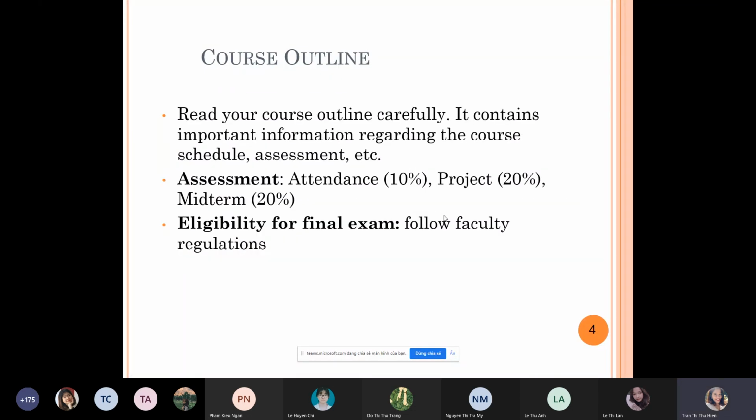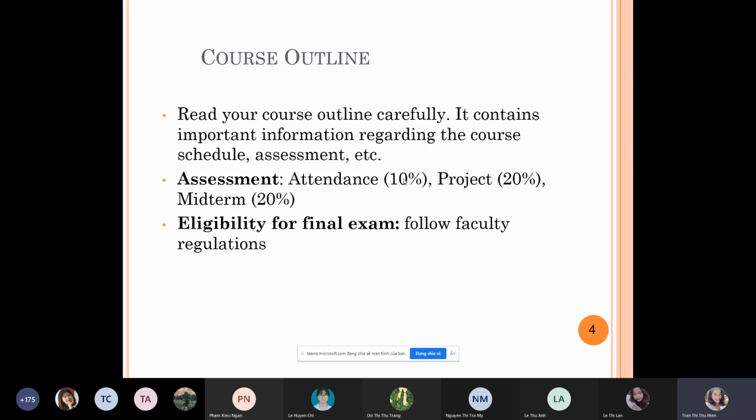So for the course outline, you have to read it carefully. You have the lecture notes, tutorials, exercises, and the book in Google Classroom, right? It contains important information about the course and assessment. Attendance is 10%, but maybe for my lecture I will not check the attendance, but sometimes I will give you some small tests, so I can check the attendance based on the points for your small test.